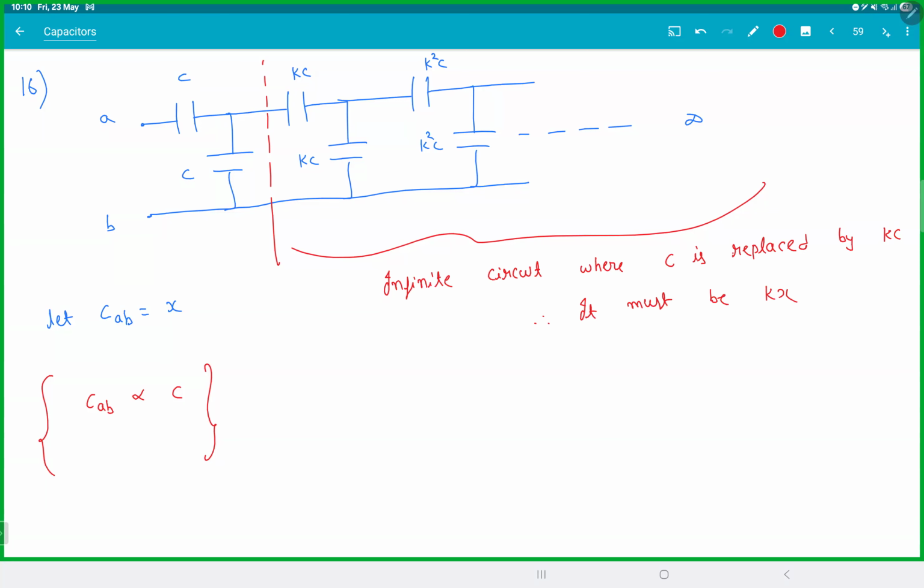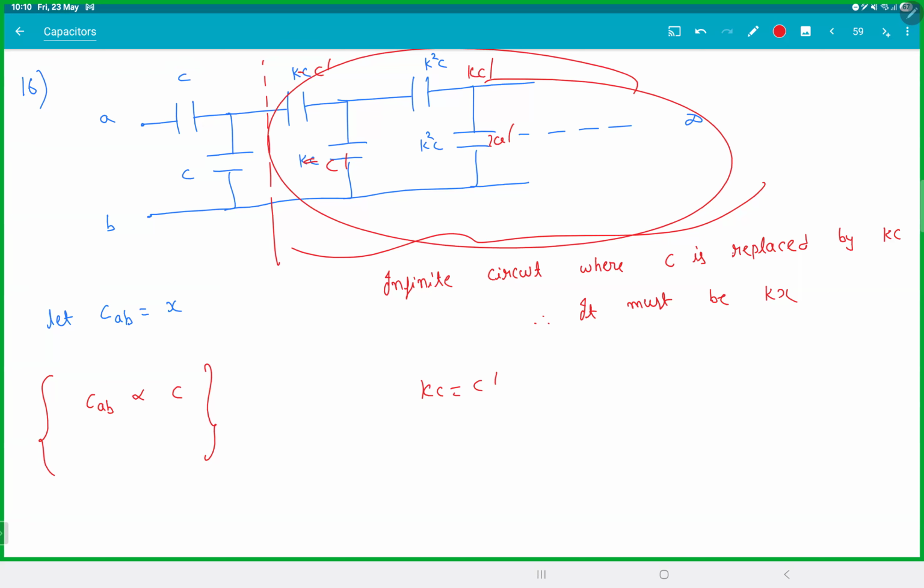Does that make sense? If the whole thing was X and you started your first circuit with C, if I replace KC equal to C dash, then this will be C dash, KC dash, KC dash, isn't it? Then shouldn't this whole circuit look like the same thing? But in place of C, it was C dash. Therefore, CAB must be proportional to C dash, but C dash is nothing but KC.